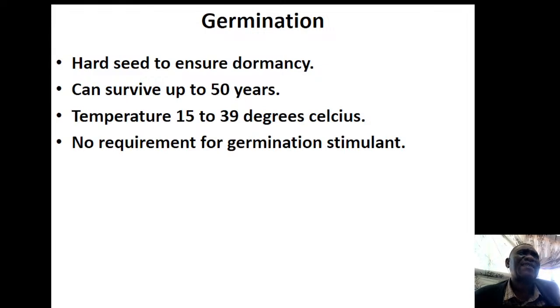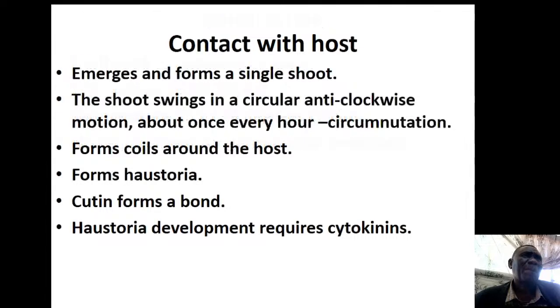Of course, it has hard seeds to ensure dormancy, can survive 50 years. Temperature requirements 15 to 39 degrees Celsius. No requirement for stimulants or for germination stimulants. It can emerge and forms a single shoot which can swing in a circular anti-clockwise motion, which is known as circumnutation.